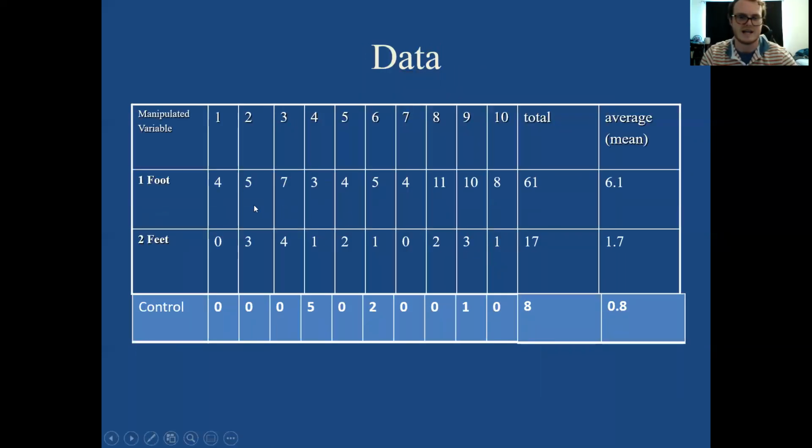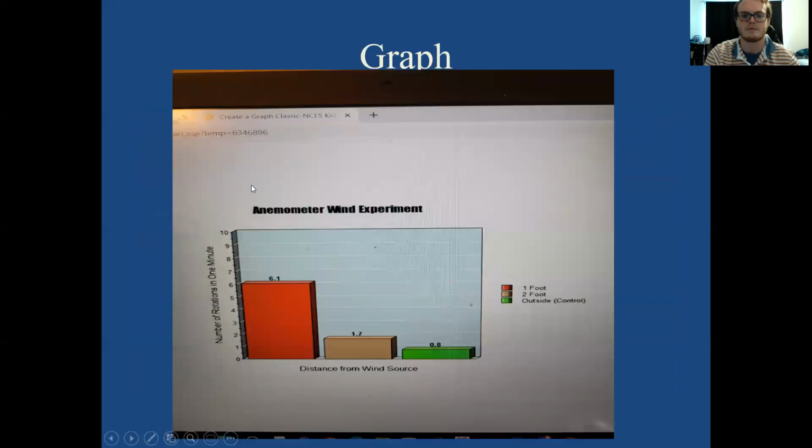So if I had 5 rotations per minute, I would divide that by my 60 seconds, and I could figure out what the wind speed is because I have my number of rotations. That would be my D over R equals D over T. So yeah, 5 divided by 60 to figure out what my wind speed was.